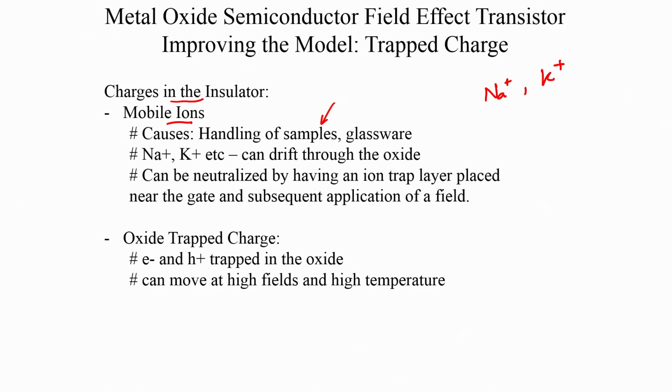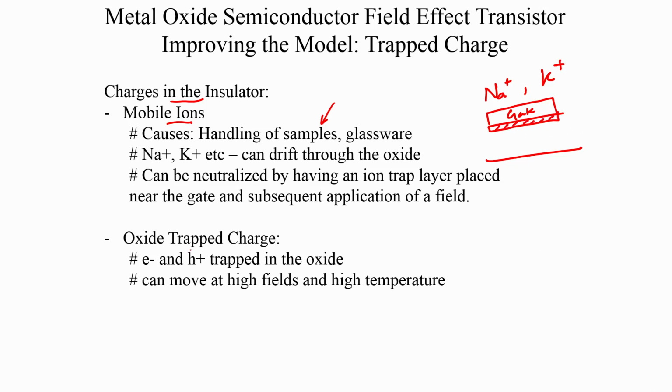Once these mobile ions are inside the oxide, they can start drifting based on the field applied in the oxide. If the gate voltage is positive, these ions will start drifting towards the semiconductor insulator interface, where they will have a larger impact on the threshold voltage. One way to neutralize these ions is by having an ion trap layer present right at the gate insulator interface.